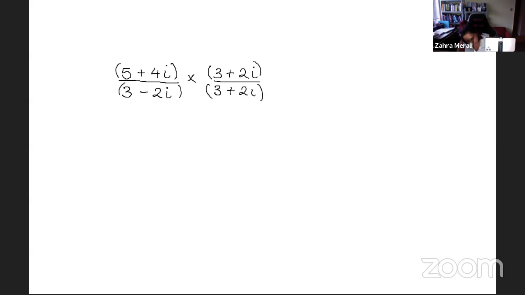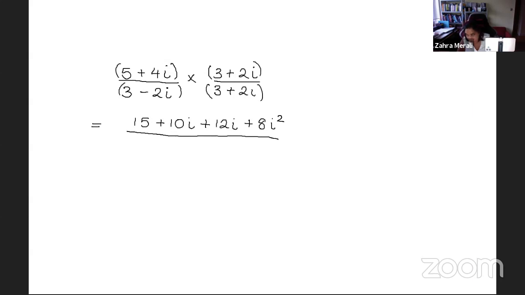So we get 5 times 3, so we've got 15. 5 times 2i, so 10i. 4 times 3, 12i. 4 times 2i, which is 8i squared, which is the same as minus 8. We'll do that in the next step.